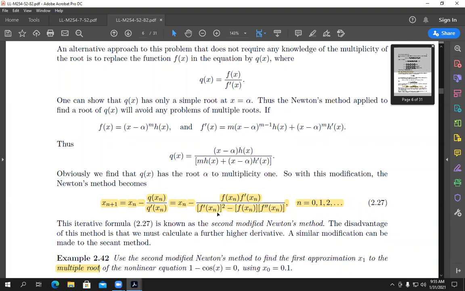Give your serial number. I typed it in the chat. 441106926.